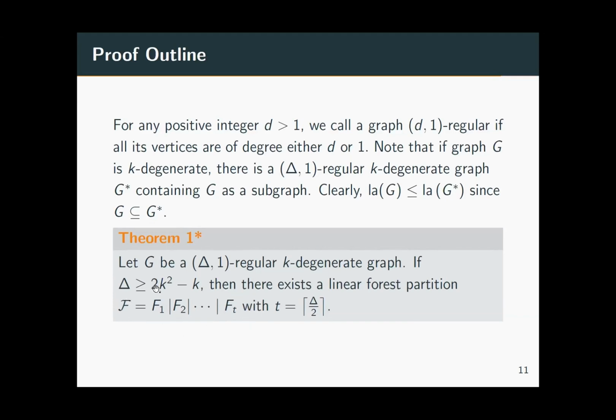Actually, we can also think about this as a coloring problem. Each linear forest in the partition has a specific color, like we can color it 1 to t. Our idea is related to the k-degenerate ordering of this graph, because we can first delete all the vertices on the right-hand side with only one vertex left, and then add the vertices one by one in that ordering.